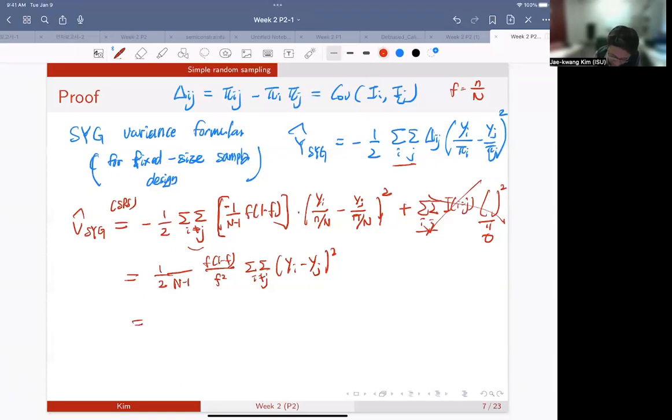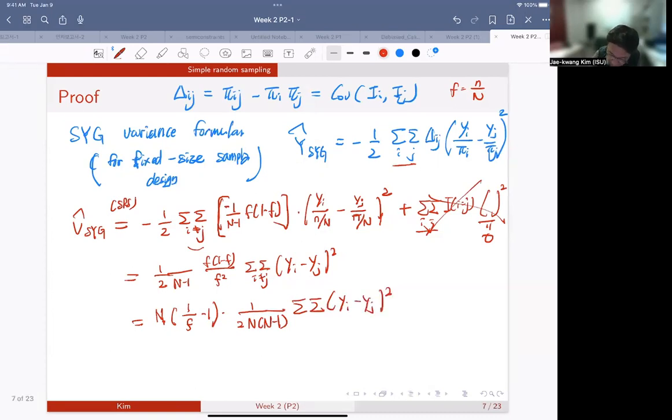Then you can write it as n times 1 minus f minus 1 times 1 over 2 n minus 1 double summation.